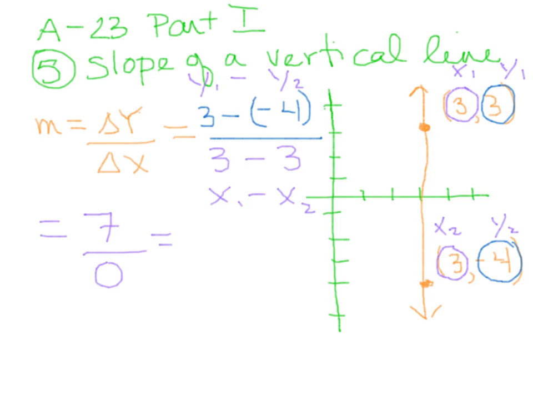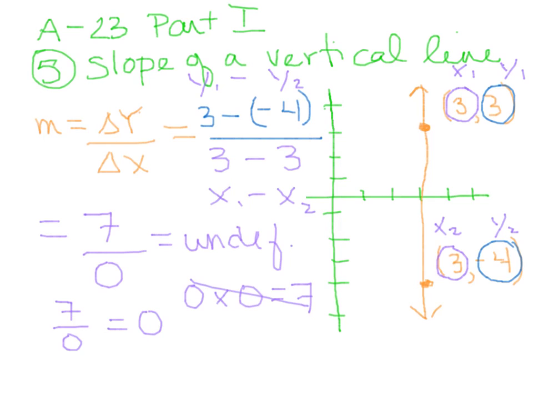Well, that's going to be equal to, we're going to say that that's undefined. Okay, because if I had 7 divided by 0 and I said that was 0, that would be the same thing as saying 0 times 0 is equal to 7.